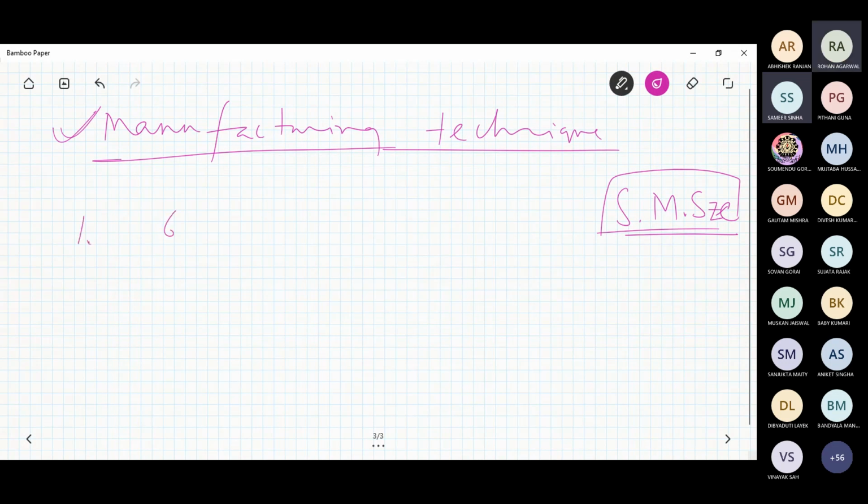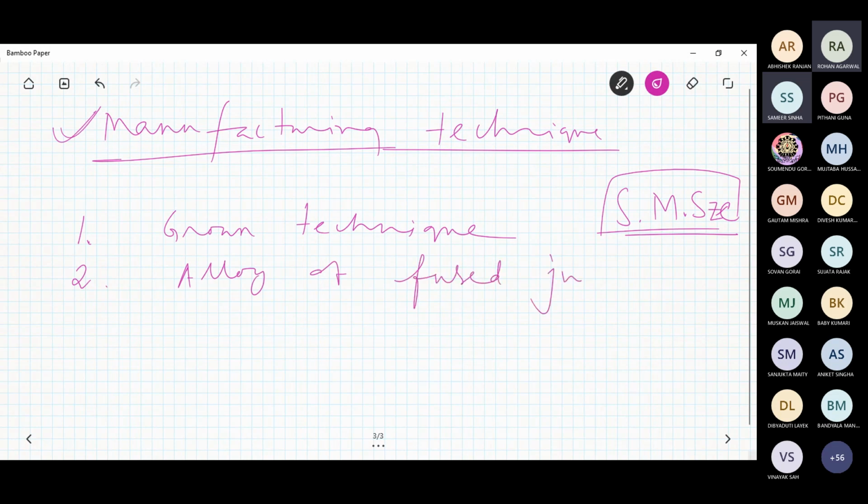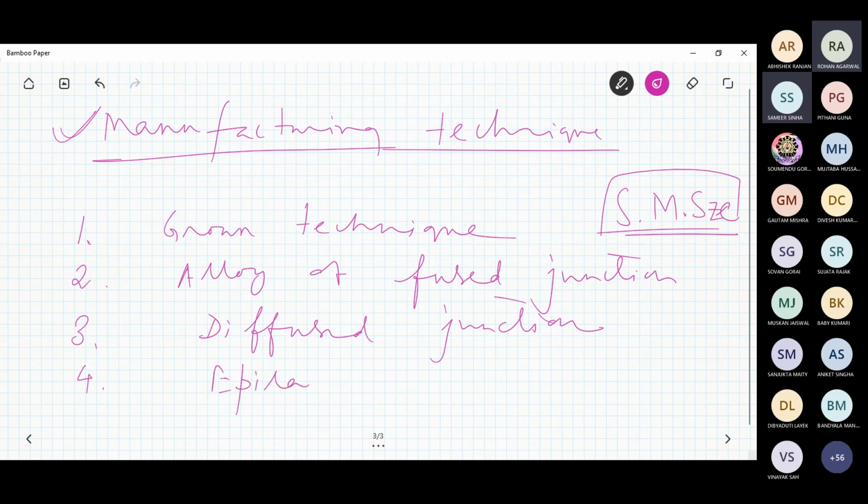Techniques are grown technique, alloy or fused junction. Third one is diffused junction technique. Fourth one is epitaxial growth. Okay, and there are many more.